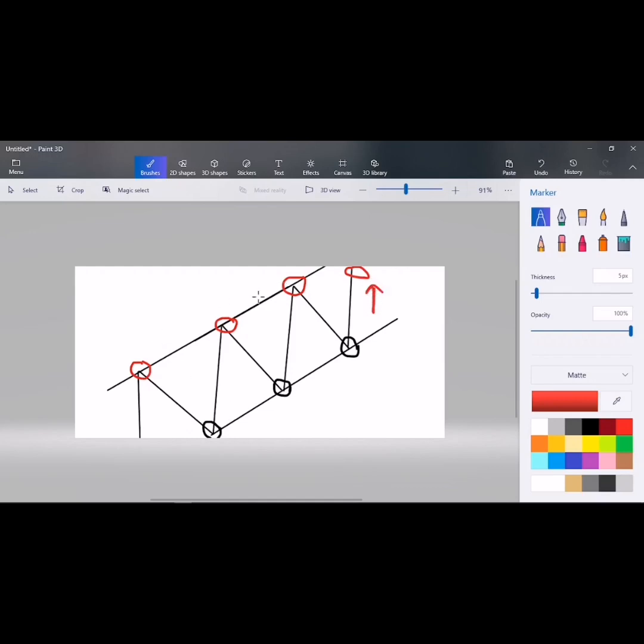This is just an indication of an uptrend. So we have our higher low right there, higher high right there, higher low right there, and so on.